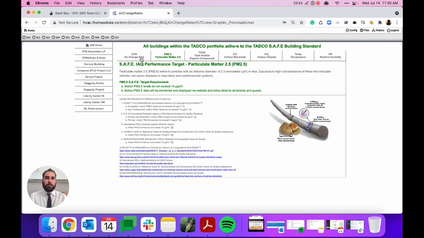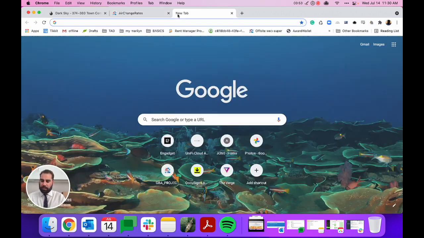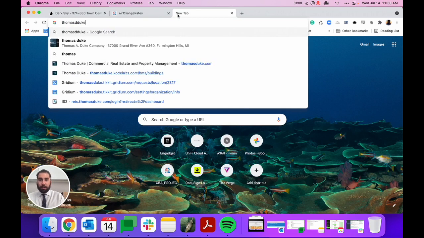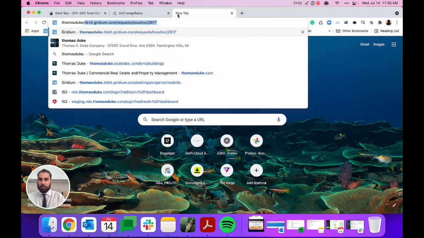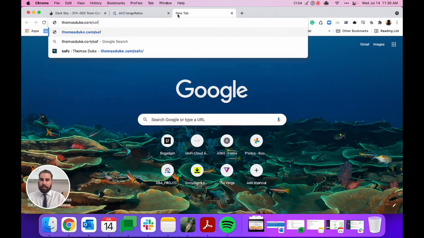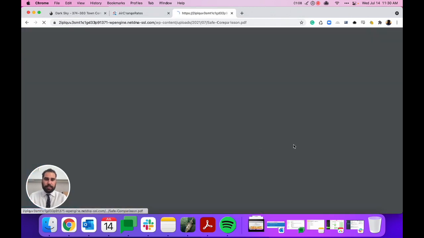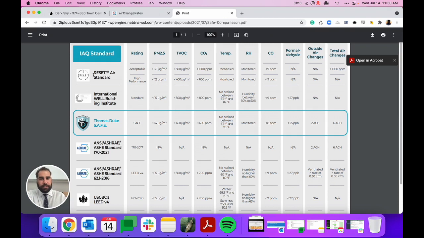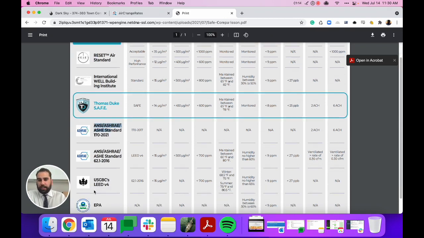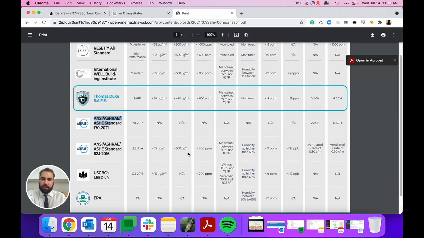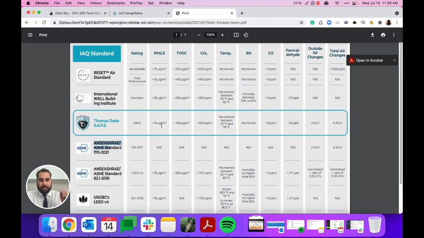safe air quality standard. We created our own air quality standard in order to set us apart from other competitors. We did review a lot of air quality standards. There's the RESET standard, the WELL building, ASHRAE, USGBC, EPA, all those. We meet or exceed all of these in every way.